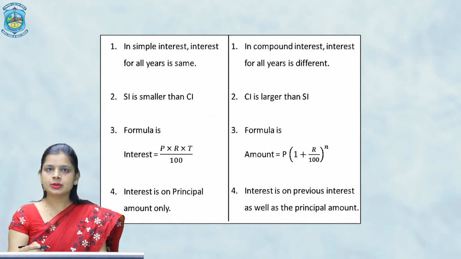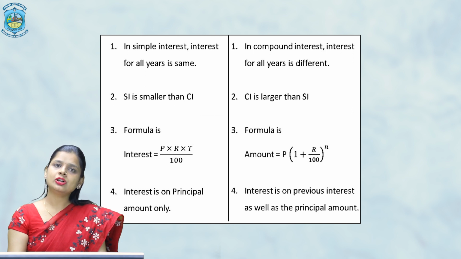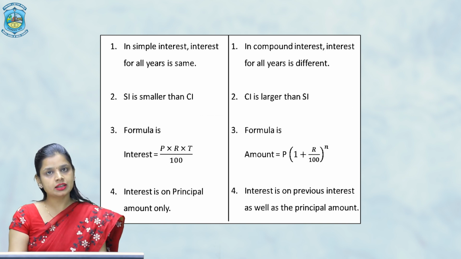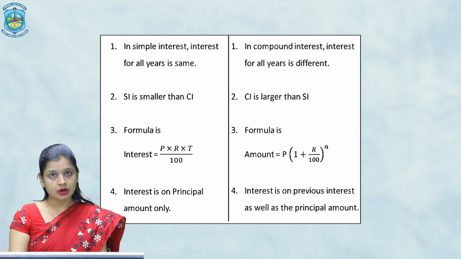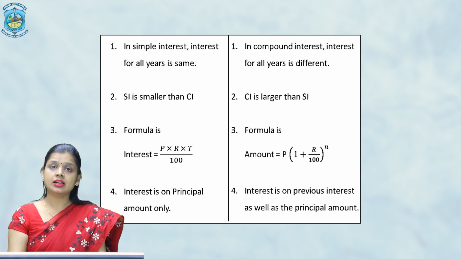In the case of simple interest, we may calculate it by applying the formula SI equals PRT by 100, and then we calculate the amount as principal plus interest.